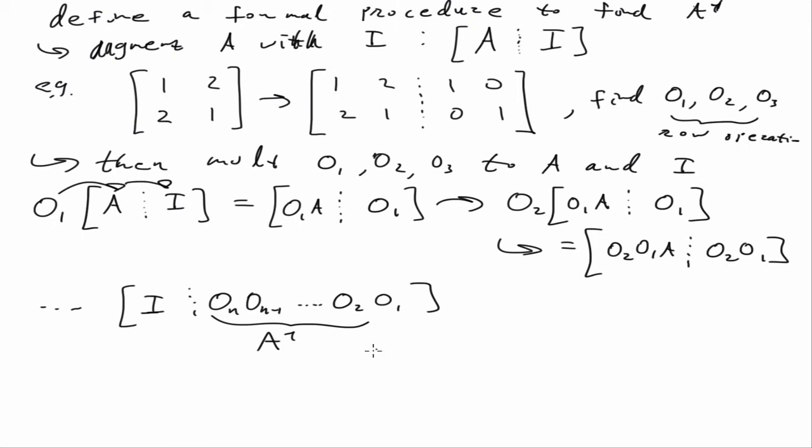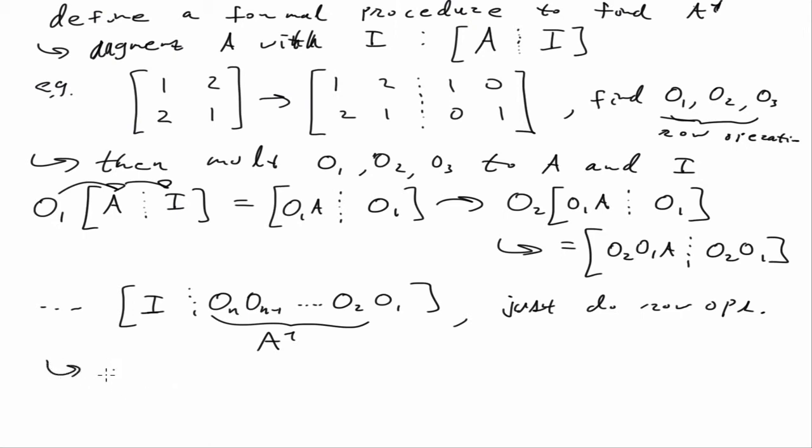All right. And so we can see that, but now we don't actually have to find the row operation matrices, we can just do row operations.